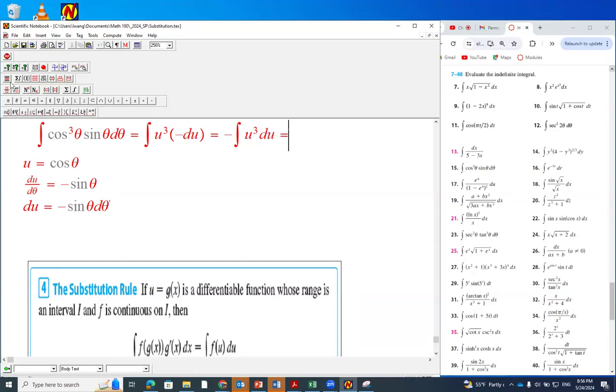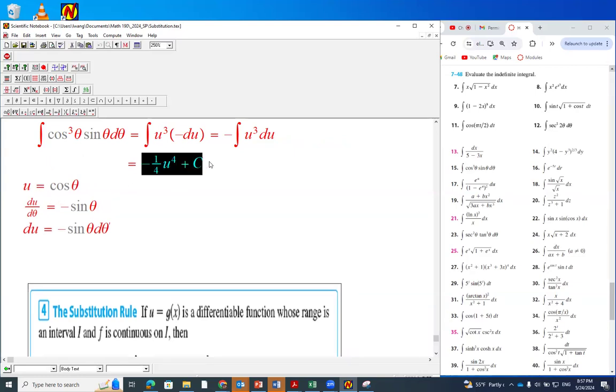Power rule: we get 1 over 3 plus 1, which is 4, u to the power of 4, plus big C.